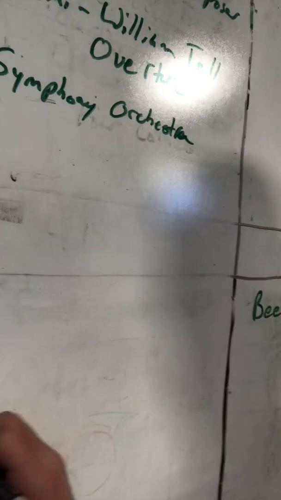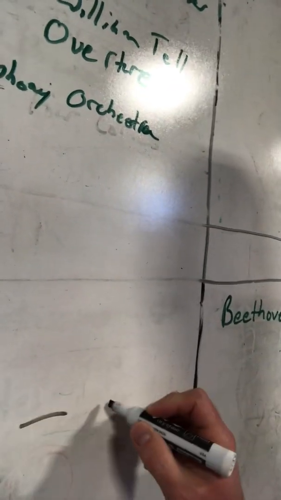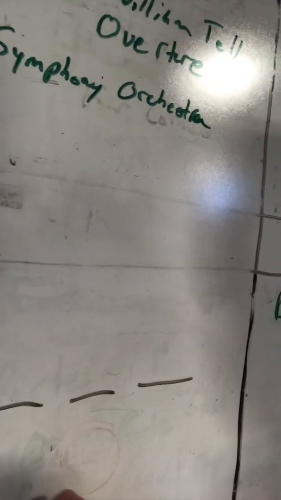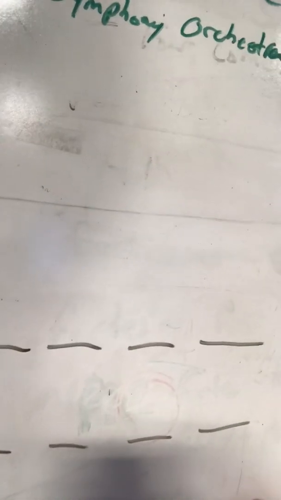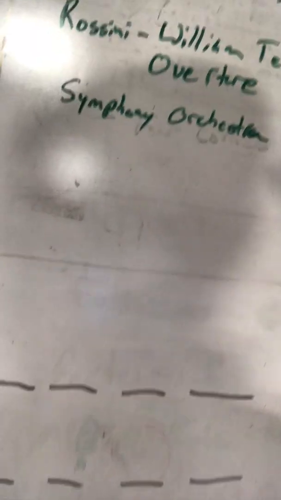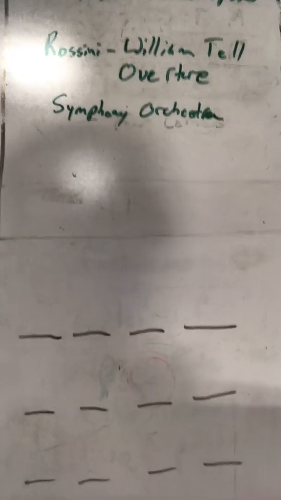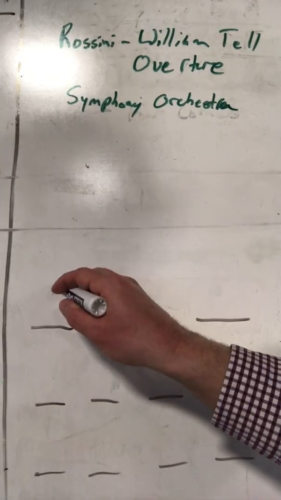So what I want you to do at home is find a piece of paper and make 4 dashes, and then practice making a rhythm with each of those.